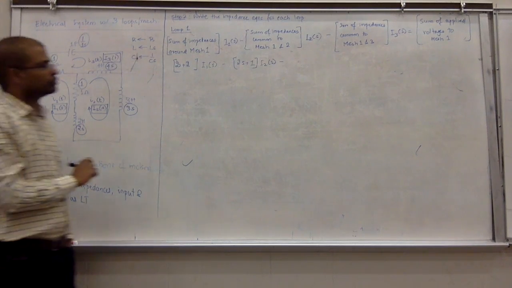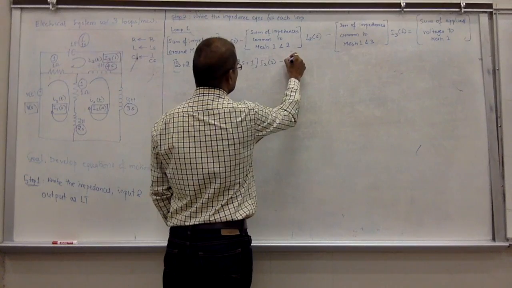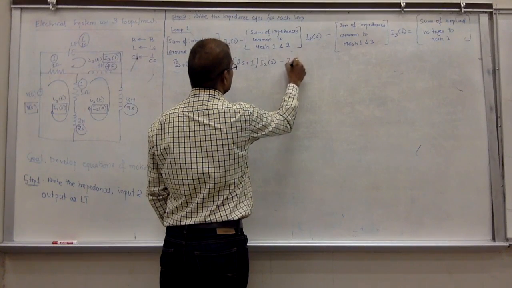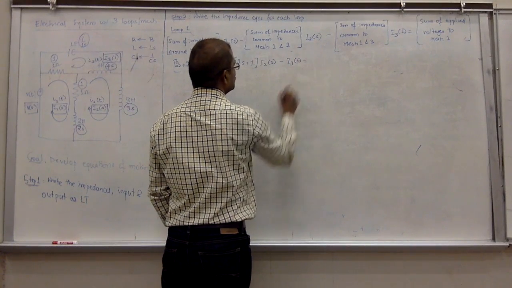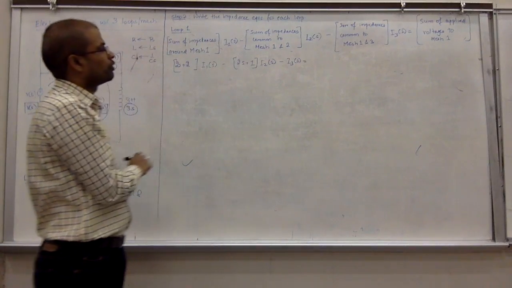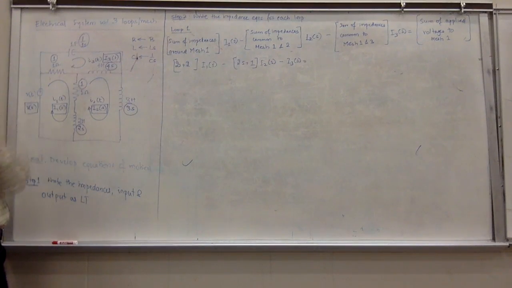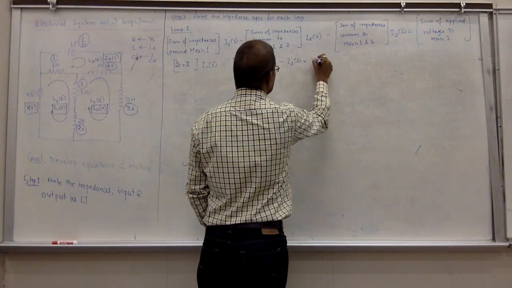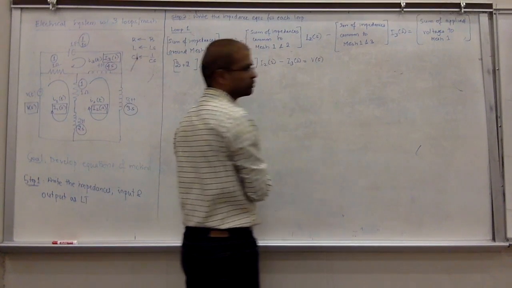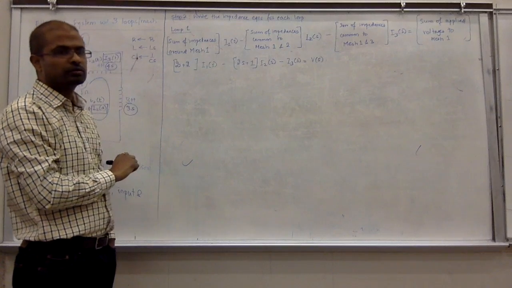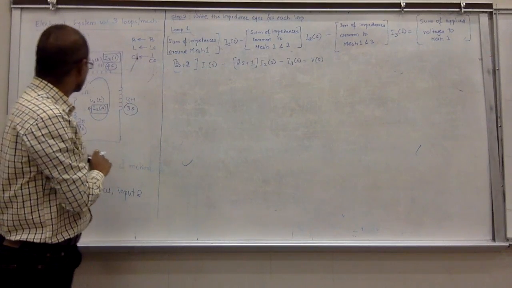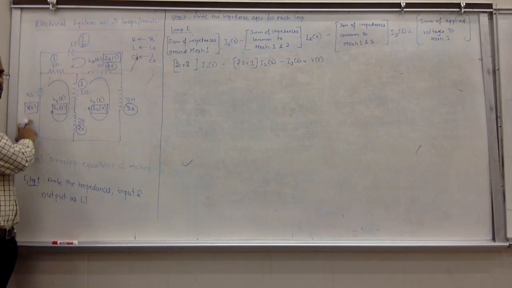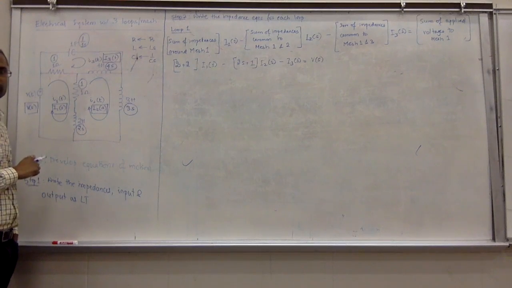So it is just I3 of s equal to what are the sum of applied voltages for mesh 1? Simply V of s. There is only one voltage, right? Applied voltage is only one. There is no other applied voltage.